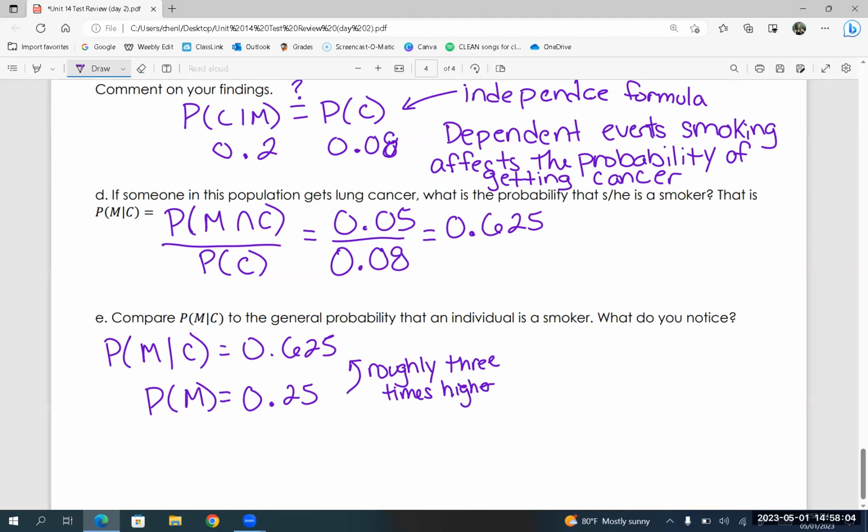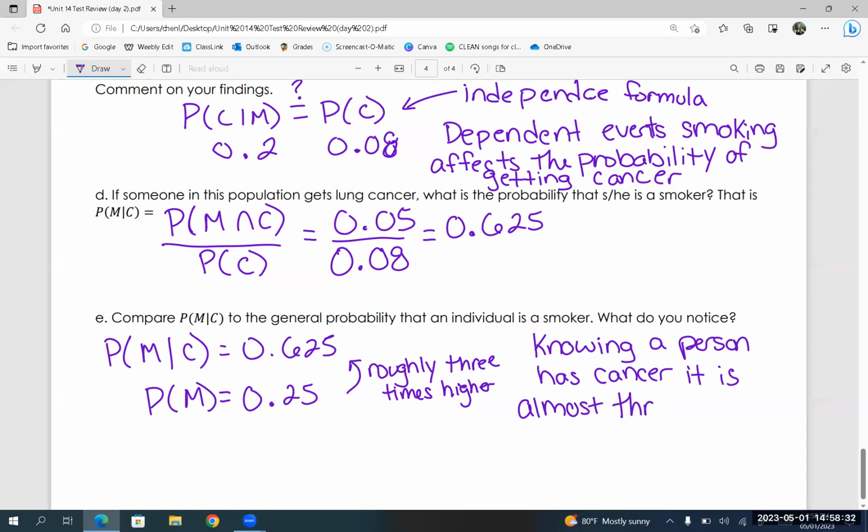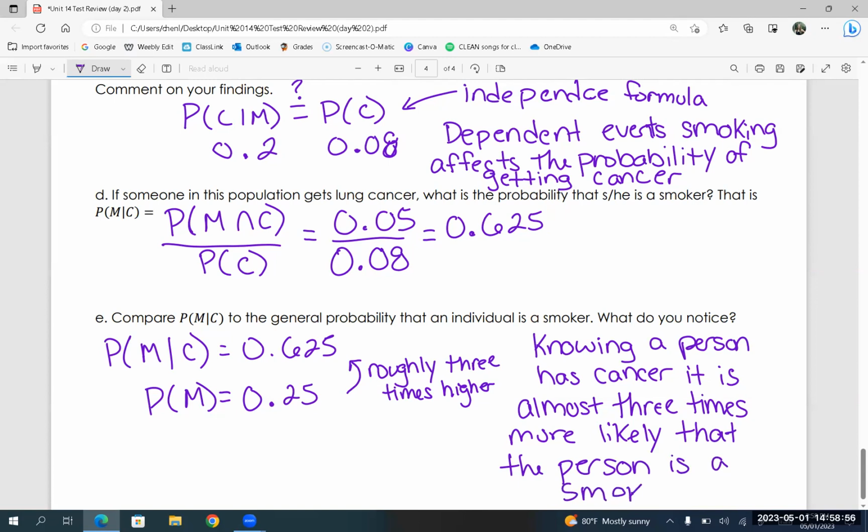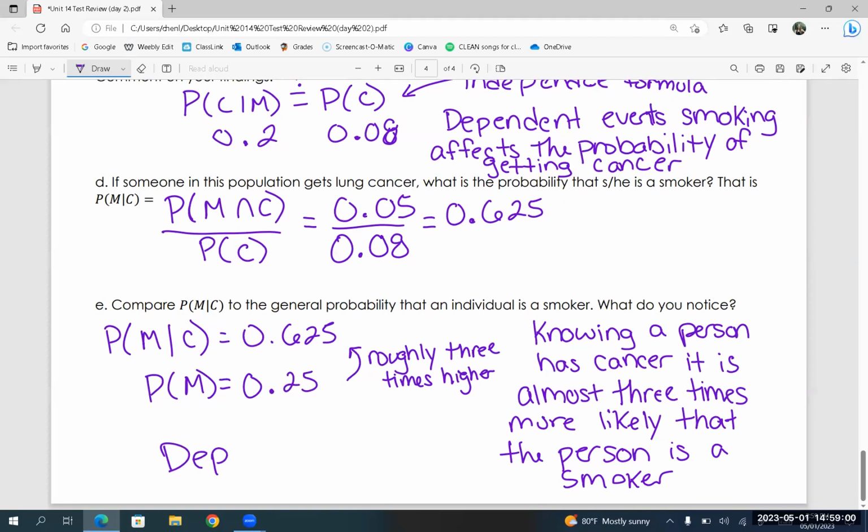Knowing that the person has cancer, because that's our given, it is almost 3 times as likely that the person is a smoker. That's a fancy way of saying that these are dependent events.